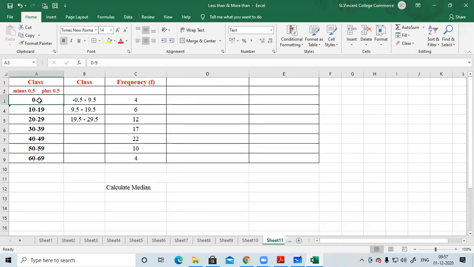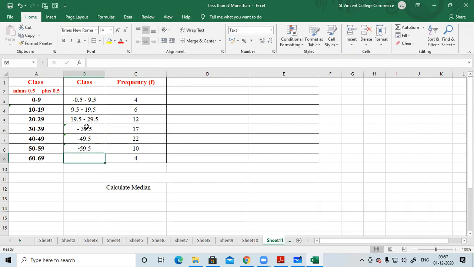You only do the first one. So when you do the first one, you have got minus 0.5 dash 9.5. Now, on the right hand side, you just copy and add 0.5. So 49.5, then 59.5.